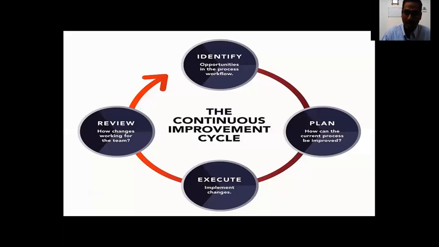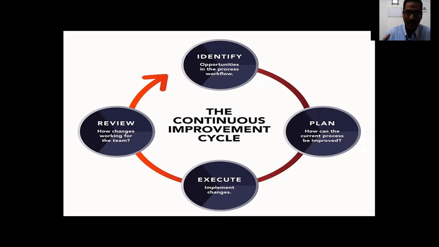Then the other topic we discussed is the continuous improvement cycle. This is to improve the features and quality of the product, and also the processes, how we produce the product, and how we distribute the product once it is manufactured. The first step is to identify wherever there is an opportunity to improve the operation, and then plan how we are going to do that.